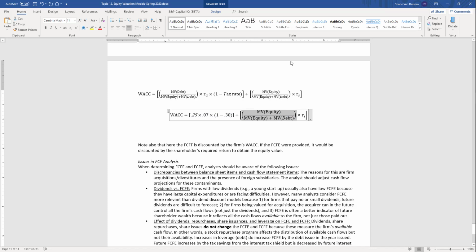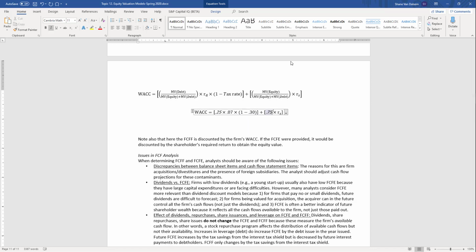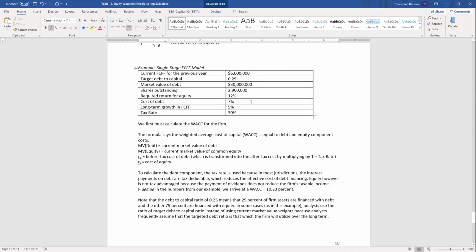Our equity to capital ratio is 0.75 because those two weights have to equal 1. And our required rate of return on equity, given in the information up here, is 12%.